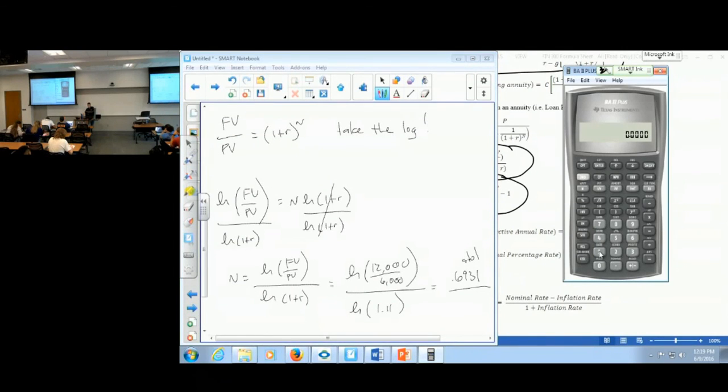And then on the denominator, I'm going to do 1.11, and then press the ln key, take the natural log of that, 0.1044. Store that on the 2 key. Then I can just do recall 1, RCL 1, to pull up that full 13 decimal version, divided by recall 2.